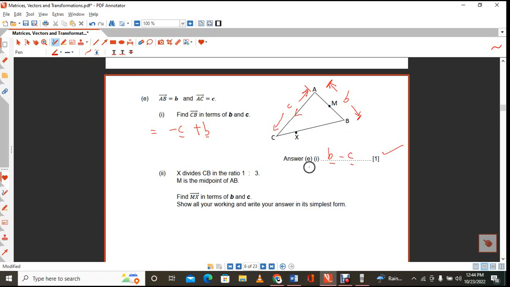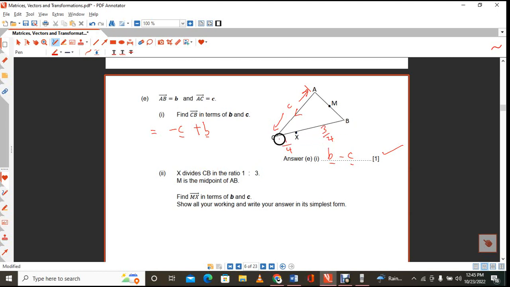Right. Another thing that we know, and I'm just going to take this off so I can create some space. We know from our information here, X divides CB, this whole CB, in the ratio 1:3. So that is 1, and that's 3. So that's 1 over 4 and 3 over 4 parts, because if you add 1 plus 3, you get 4.